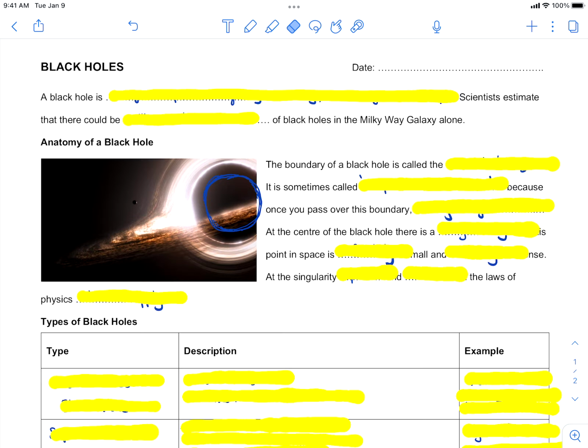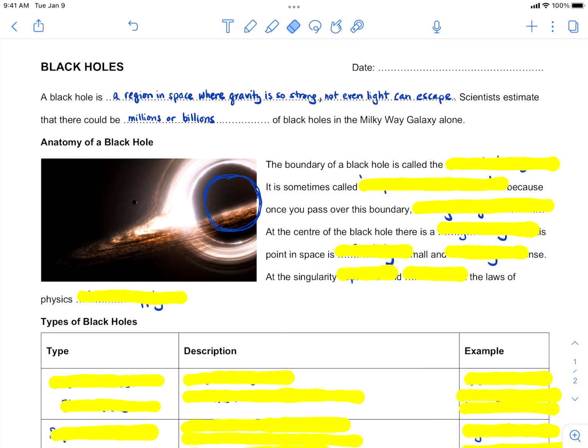So a black hole is a region in space where gravity is so strong that not even light can escape. Okay. Scientists estimate that there could be millions or even billions of black holes in the Milky Way alone.